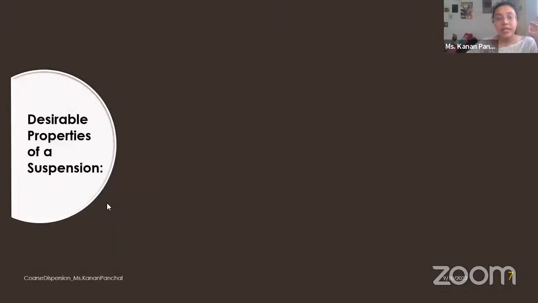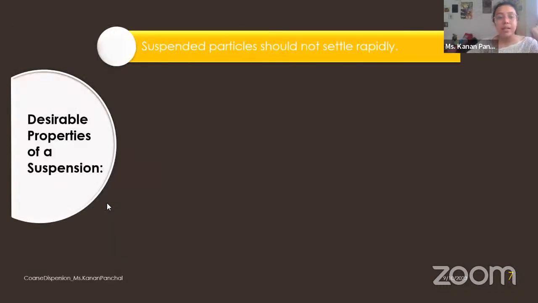And these are some properties which are thereby desirable in a suspension. Your suspended particles should not settle rapidly. If they settle rapidly, that means it will form a hard cake. And suppose settle होने के बाद if it forms a hard cake, मतलब its property lose हो गया.